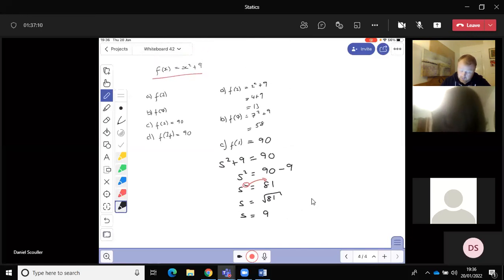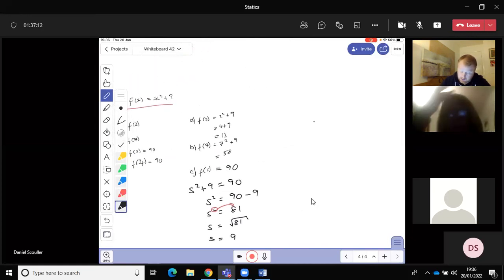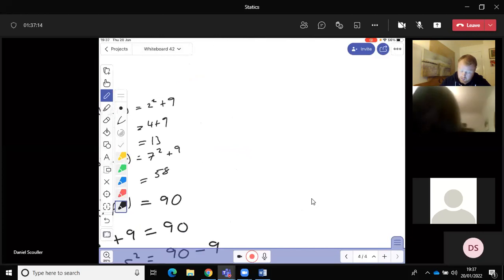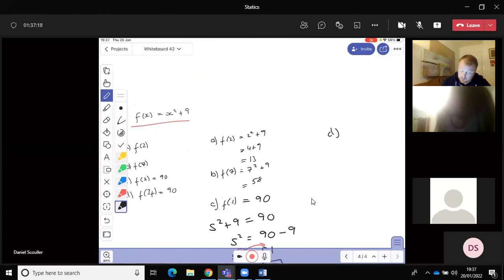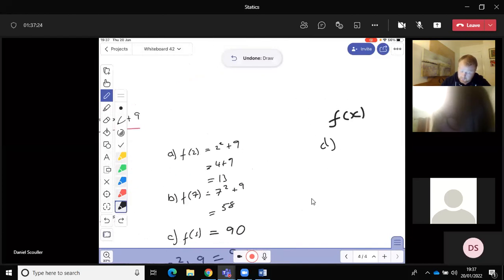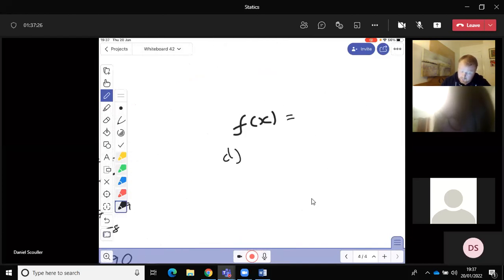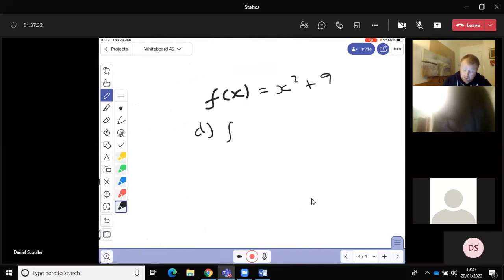With that, question D. We've still got the same expression, so we're still treating f(x) equals x squared plus 9. I'm just writing that so I've got it in front of me. So f(3f) equals 90.